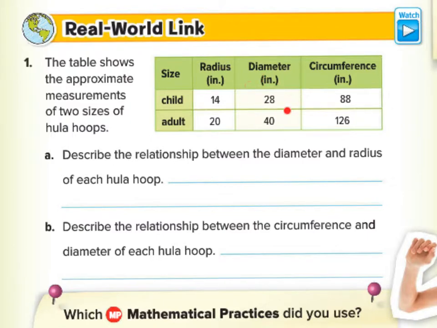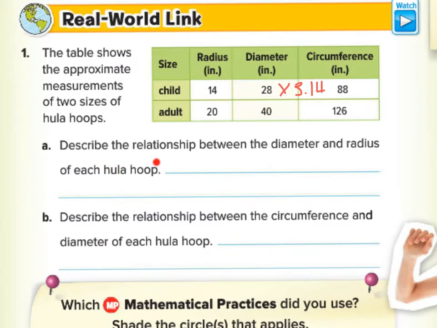If I multiply 28 times 3.14, which is our value for pi, we would get 87.92, which rounded would be 88 inches. And same goes here. If I multiply 40 times 3.14, you get about 125.6, which rounds to 126. So you can see the relationship between the diameter and the circumference is linked to pi.